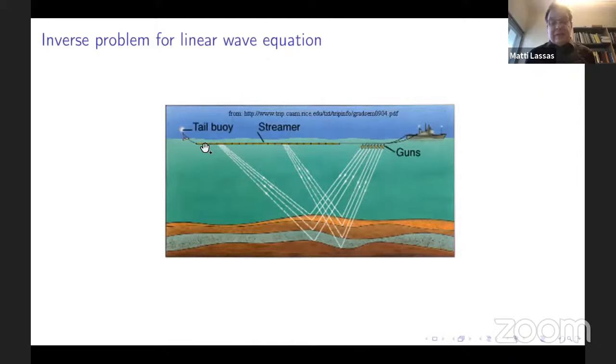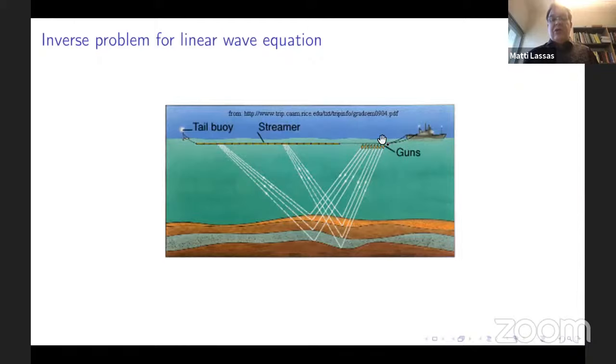And for this end, I consider what happens for the inverse problem for the linear wave equation and how geometry appears here. At least in my own mind, the picture that I always have is something like this, that we can do medical imaging or we can do seismic imaging. This is the typical configuration.